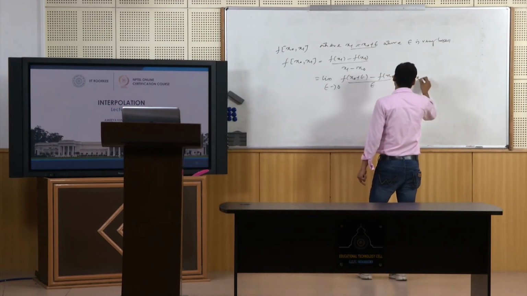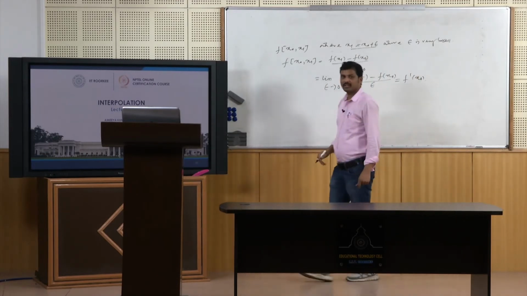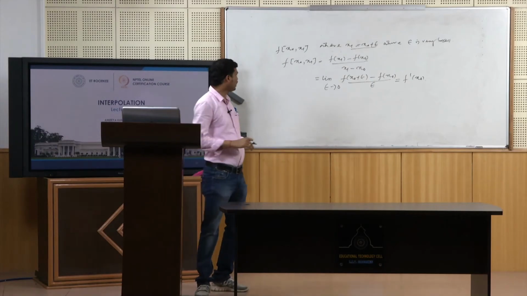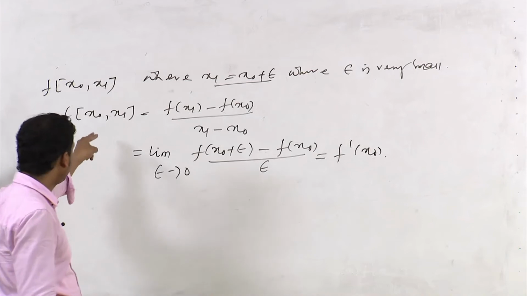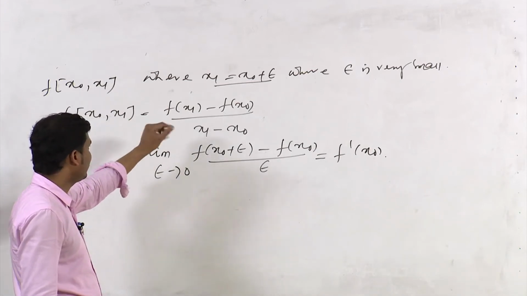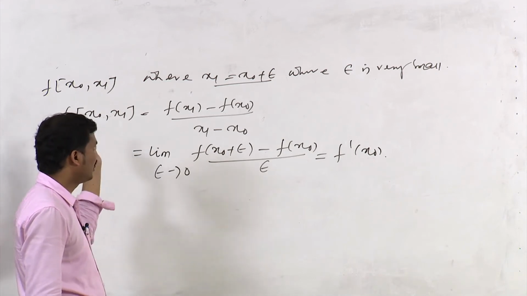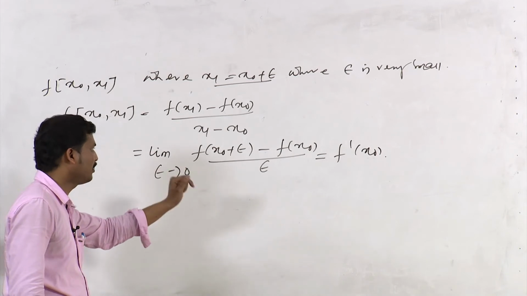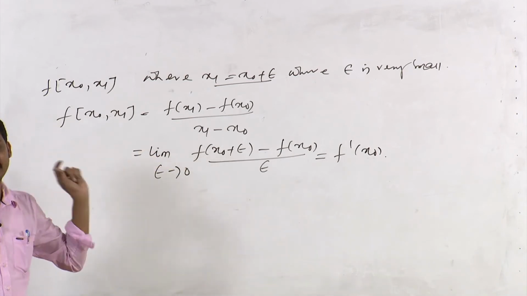So if the arguments are equal, the divided difference still produces a value. If we consider f of x0, x0, where x1 is x0 plus epsilon and epsilon is very small, it represents the derivative of this function at that point.